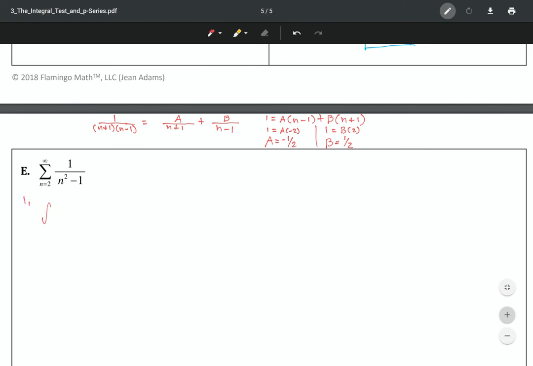Let's go ahead and write the limit as t goes to infinity out here, between 2 and t here, and we can go ahead and split this up. I probably should have put x's instead.